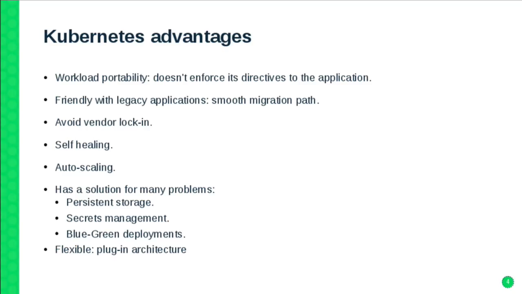For us, Kubernetes is the best way to do that because it's portable. It doesn't force its own directives. So once you have your container and you're running that on top of Kubernetes, it's really easy to move it around. It's really easy also to get the container and to deploy that with Kubernetes because you don't have to change that too much in order to use Kubernetes.